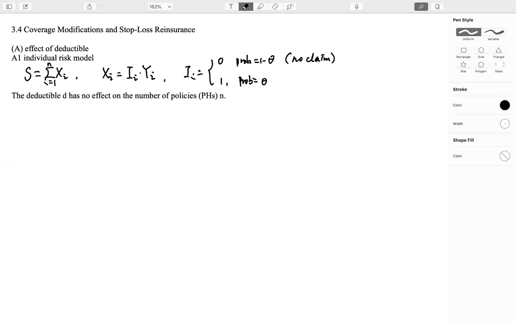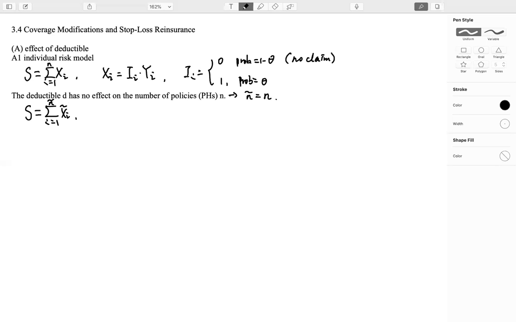Once we introduce deductible, obviously that will change things. So let's put this notation. After we introduce deductible, let's put tilde. Because there's no effect, so N tilde equals N. That is the obvious result.